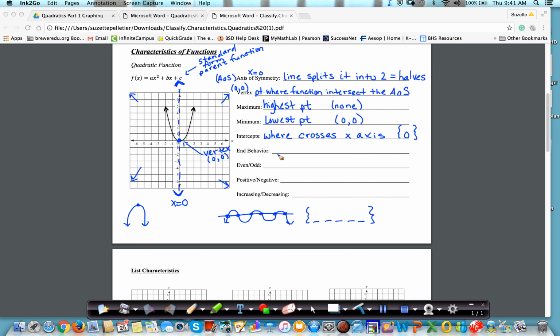And so how do we write the end behavior? We use these kind of like an ordered pair, and we say on the left side of my graph, it is traveling upward forever and ever. So I do this. If it were heading down, I would kind of make the arrow go in the other direction, kind of point it down like I did here. And then on the right side of my graph, it is heading up forever and ever over here.